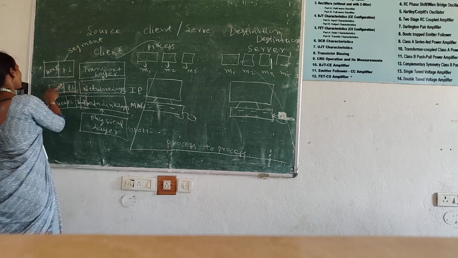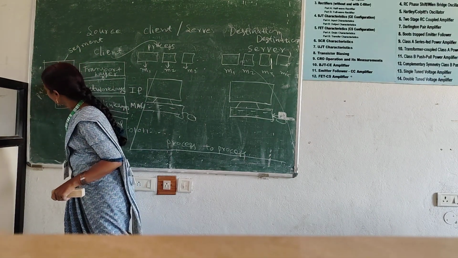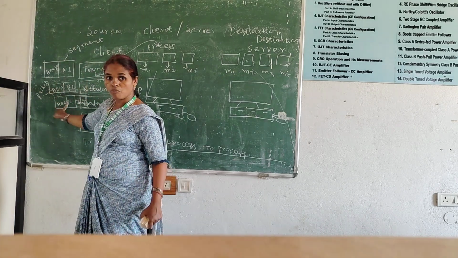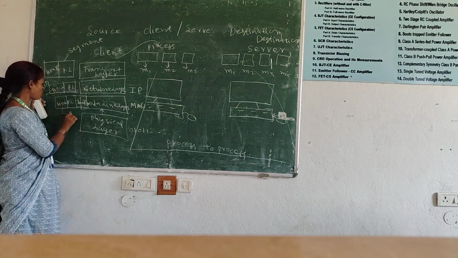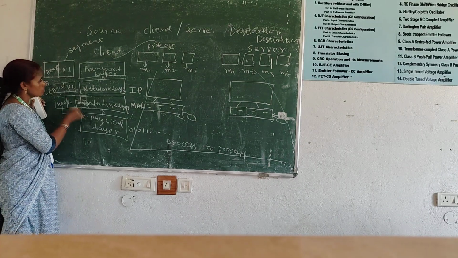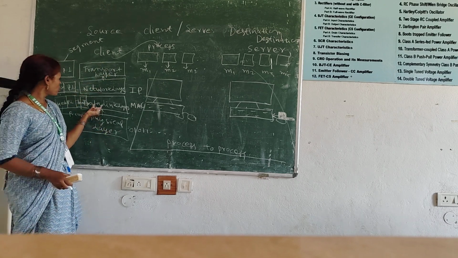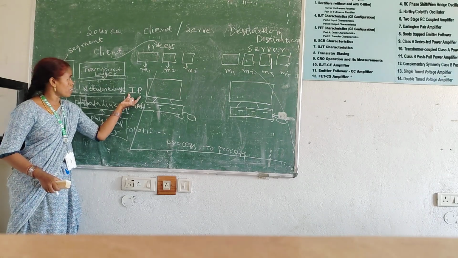In the network layer, data is available in the form of packets. In the data link layer, data is available in the form of frames. What is the address of every layer? In the data link layer, the MAC address is there. In the network layer, the IP address is there.